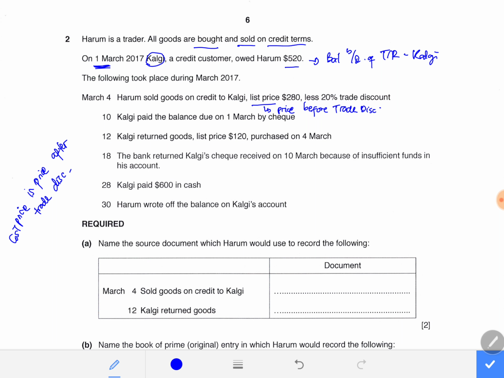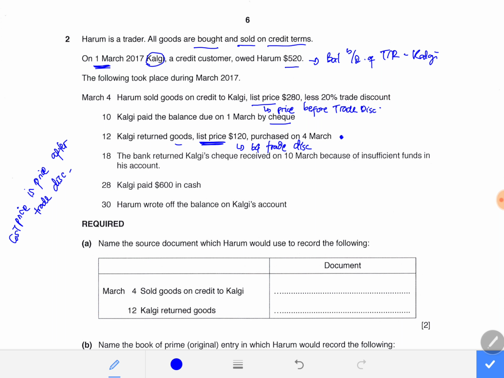Next, March 10, Kalgi paid the balance due on 1st of March by check. March 12, Kalgi returned goods, list price 120. Another list price, that means it's priced before trade discount. This is a trap, so be careful.